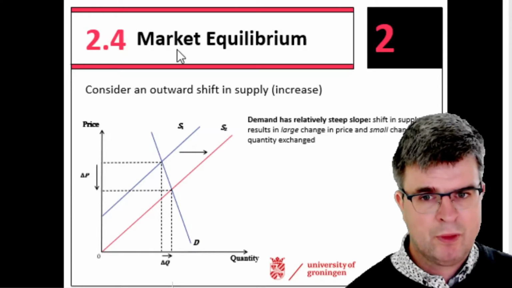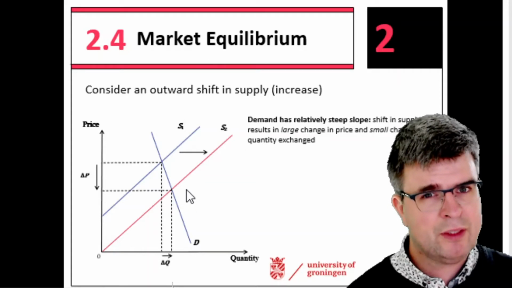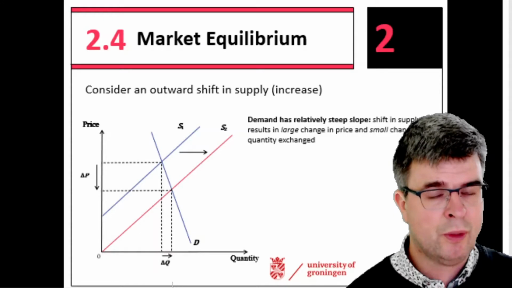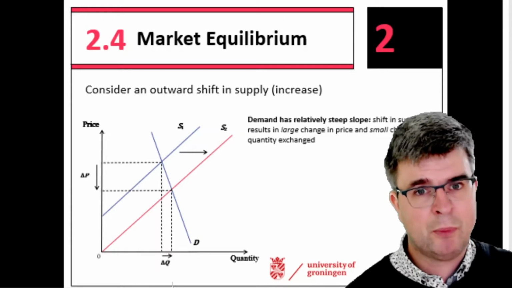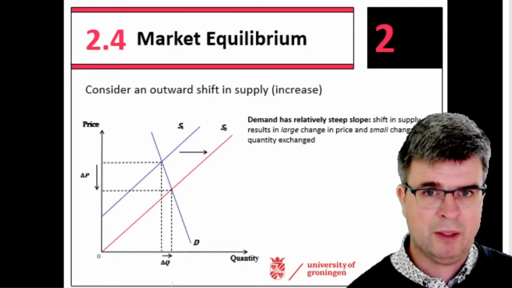Well, from the steepness of the demand curve, you know that demand is not very responsive to price changes. So you need to decrease the price by quite a bit in order to establish a big increase in demand.